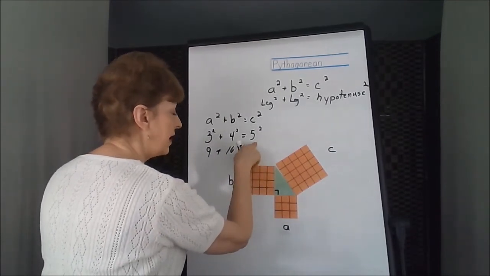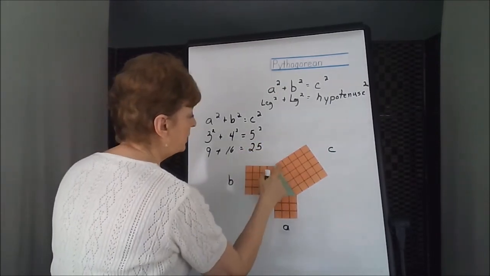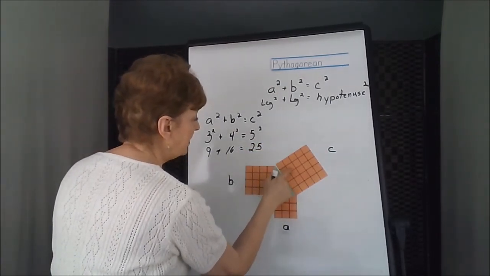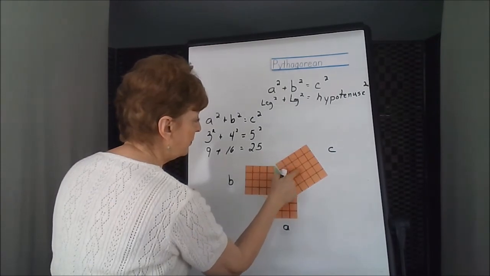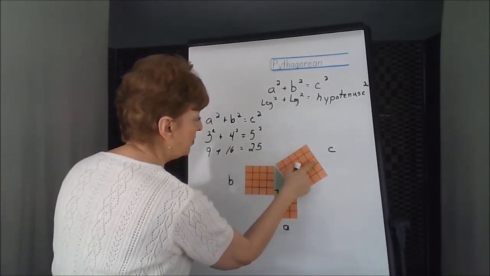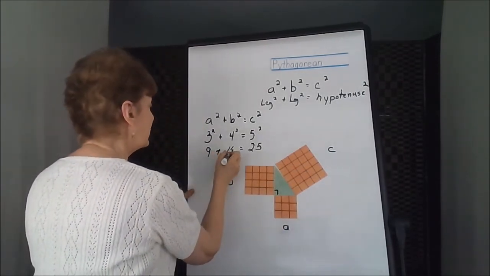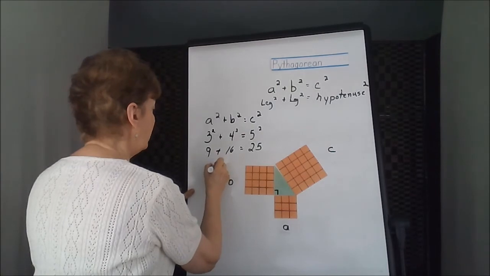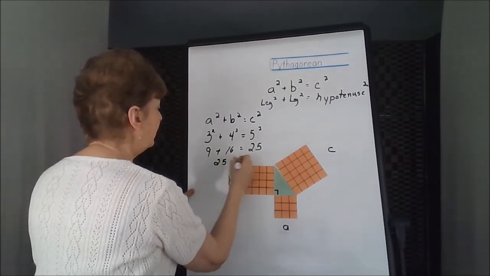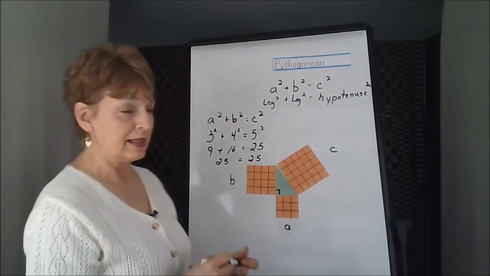Equals 5 times itself. 5 times 5 is 25. 9 plus 16 is 25. 25 does equal 25.